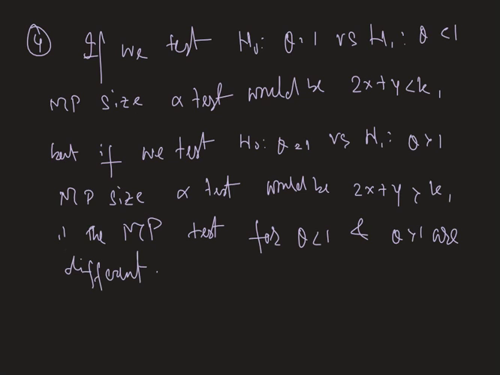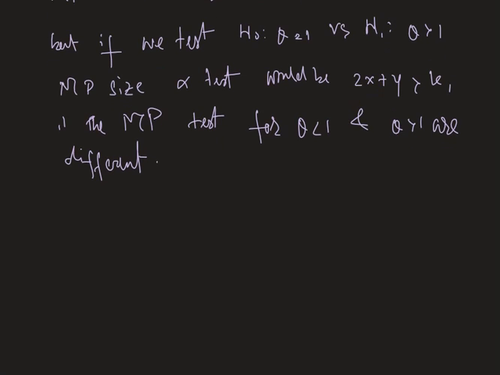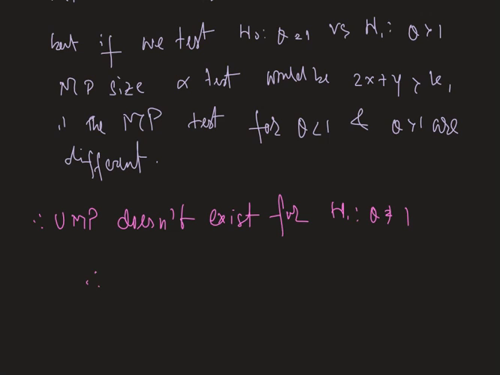So we can say that the UMP test doesn't exist for both tail test. Therefore, only options 3 and 4 are correct.